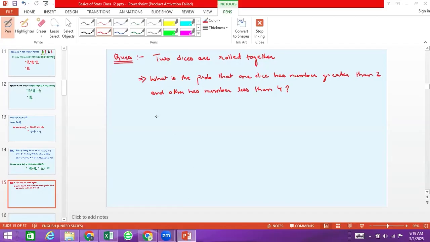You're right. Okay. So probability of getting a number greater than 2 on dice 1 is 4 by 6, right? Probability of dice 2 having a number less than 4 is 3 by 6.